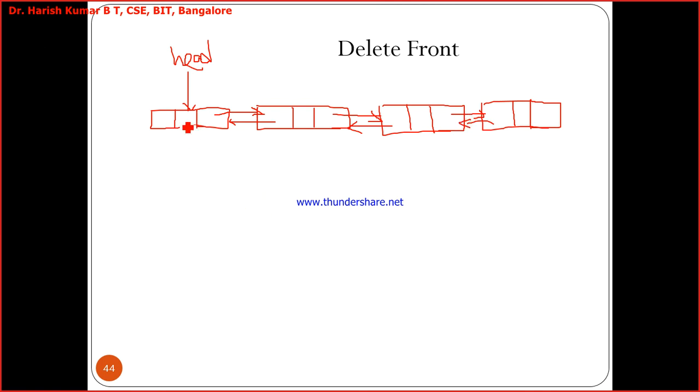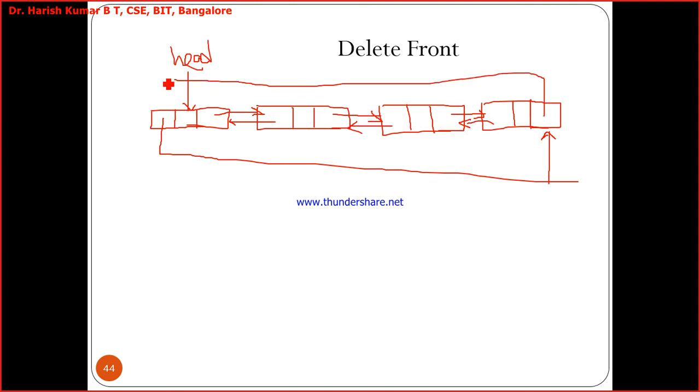Now the left link of the head node will hold the address of the last node, and the right link of the last node is holding the address of the head node, or you can say the first node. So this is what the status is.